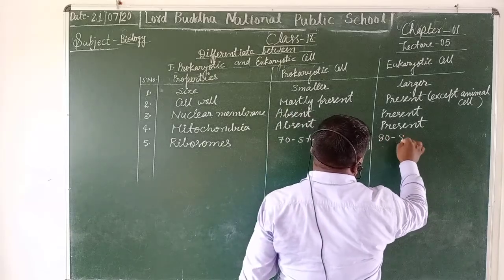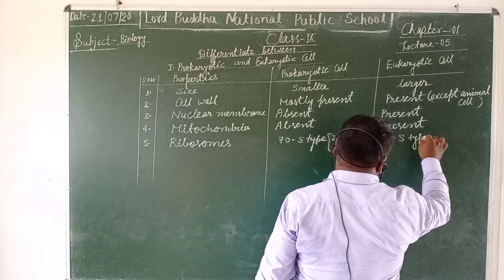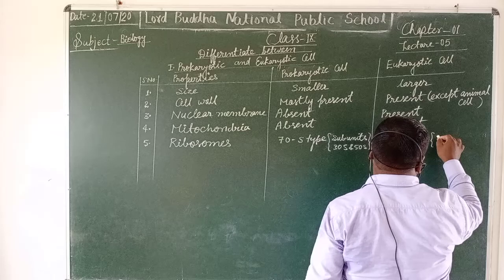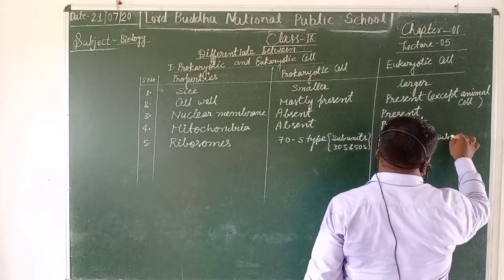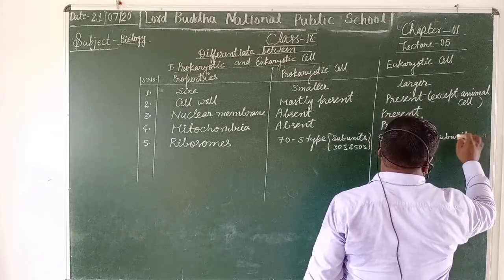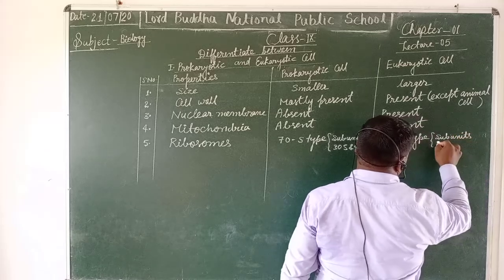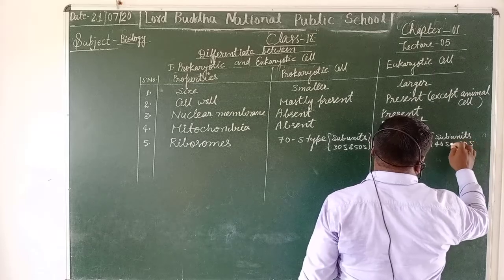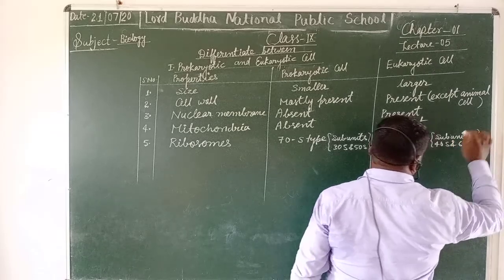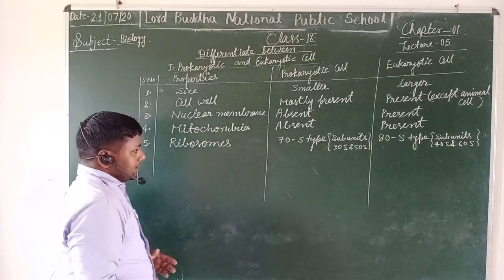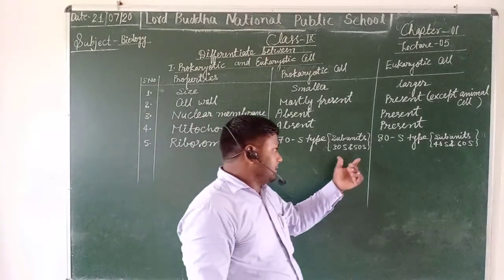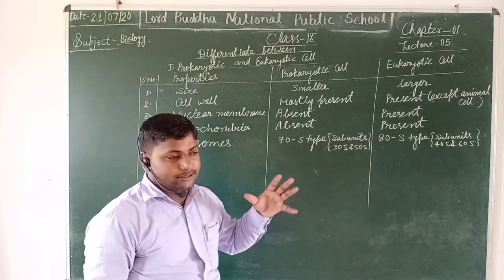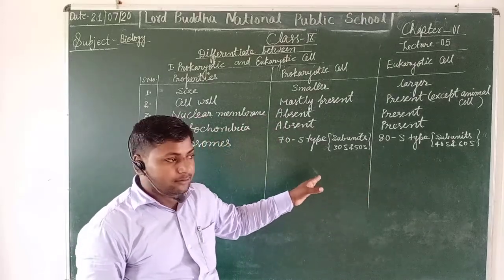In eukaryotic cell, 80S type of ribosomes are present, whose two subunits may be given as 40S and 60S. S is the sedimentation coefficient. After the name of the discoverer, this unit's first letter is taken.